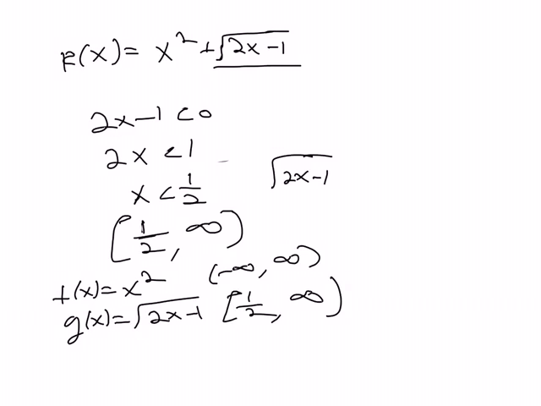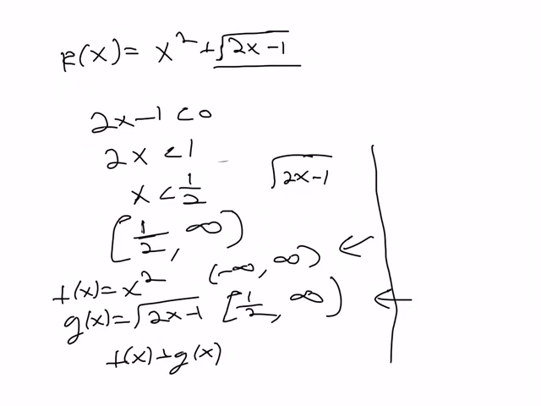Any polynomial, right? We know from Theorem 7 that polynomials are continuous everywhere they're defined. This is a polynomial, it's continuous everywhere it's defined from negative infinity to infinity, and root functions are continuous everywhere they're defined. So this function is continuous everywhere it's defined. And then from Theorem 4, part 1, we know that f of x plus g of x is continuous everywhere that f and g are defined.